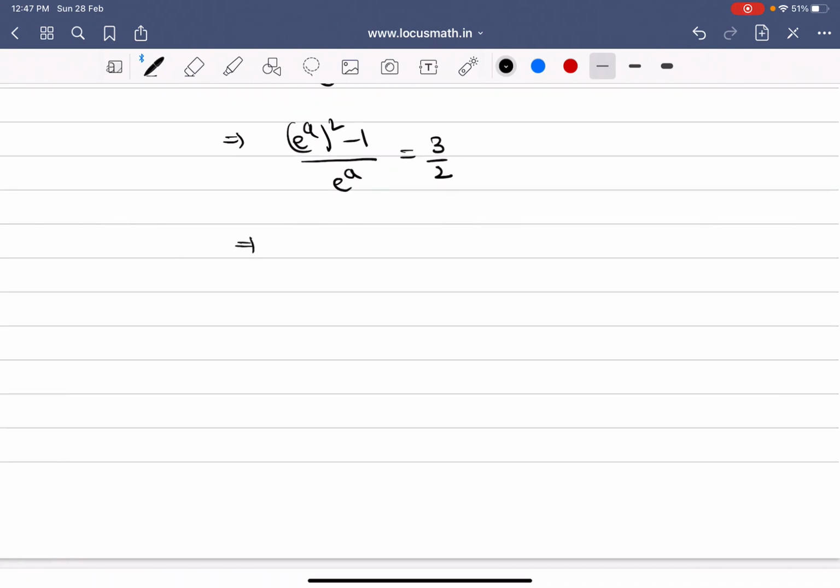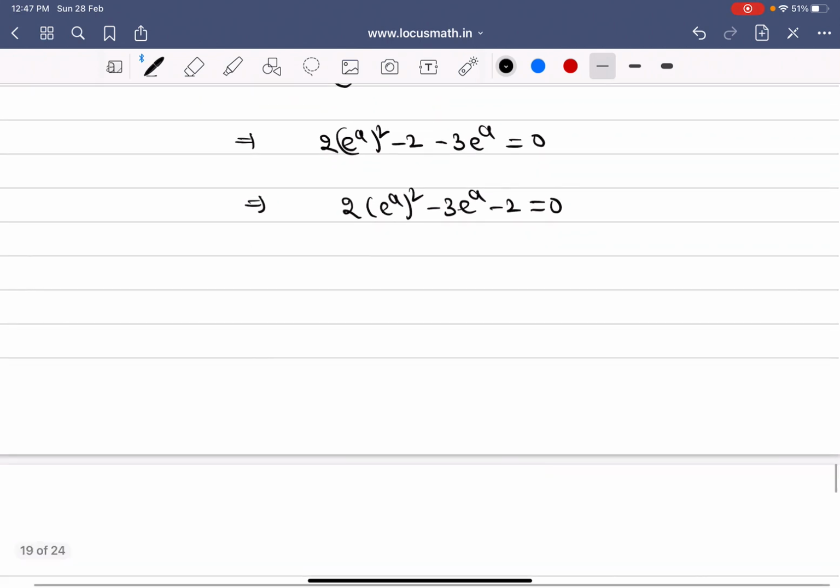Now if we cross multiply, 2 times (e^a) whole square minus 2 minus 3e^a is equal to 0. This implies 2(e^a) whole square minus 3e^a minus 2 is equal to 0. Now factorize it. This implies 2(e^a) whole square minus 4e^a plus e^a minus 2 is equal to 0.